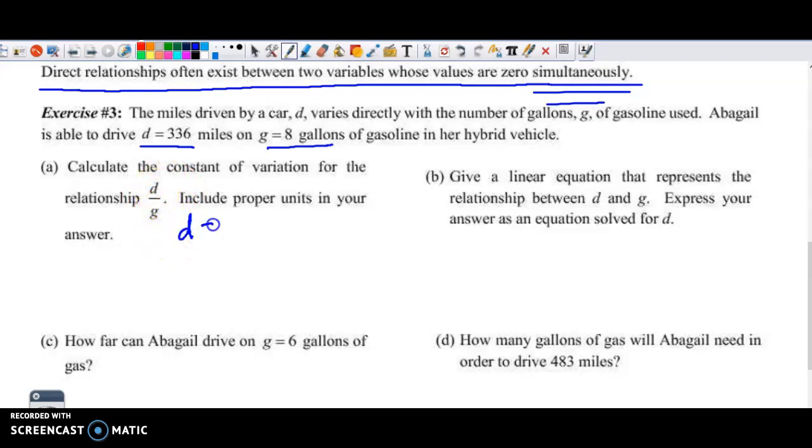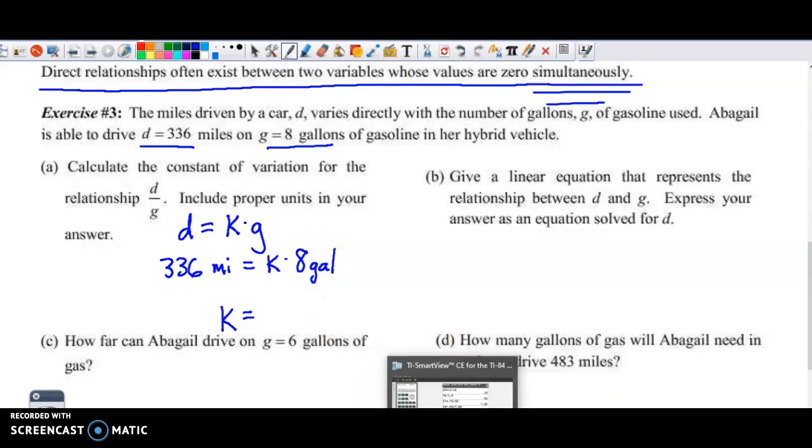It's because if you set up a constant of variation problem, d equals k times g, then you can solve for it by dividing the g over. But in this problem, I want you to specifically write out the units. And on 8 gallons, because as you divide the 8 over, the constant of variation actually represents a number.